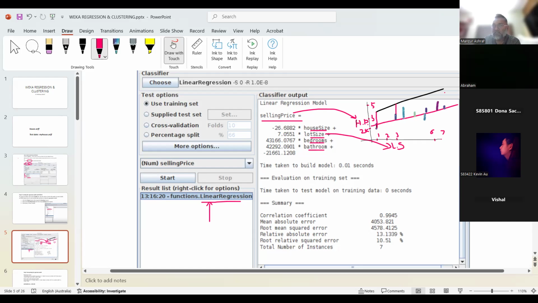This line is another error, and another, and another, and this line is another. All makes sense? You can see this is the distance from the actual points.